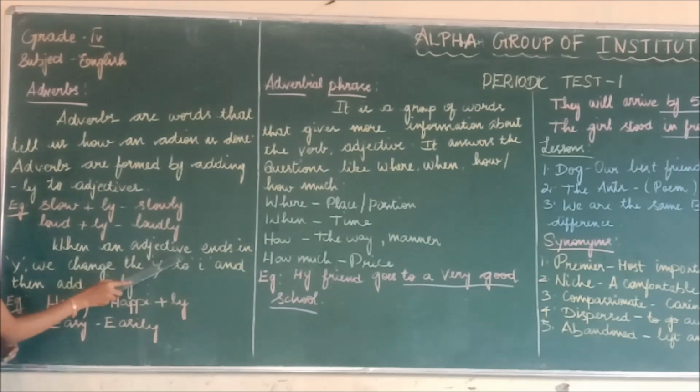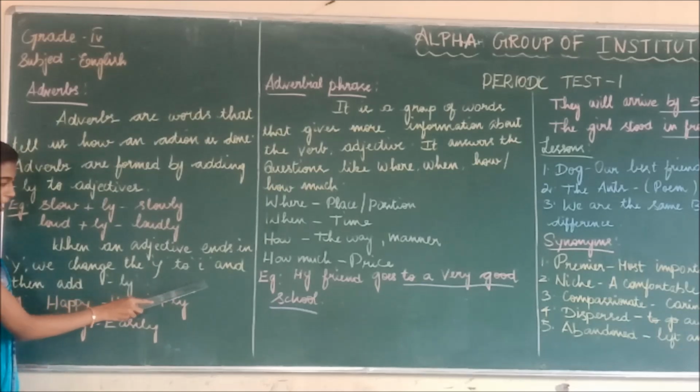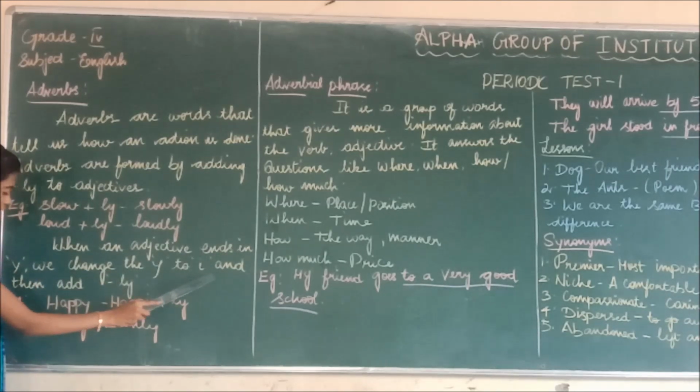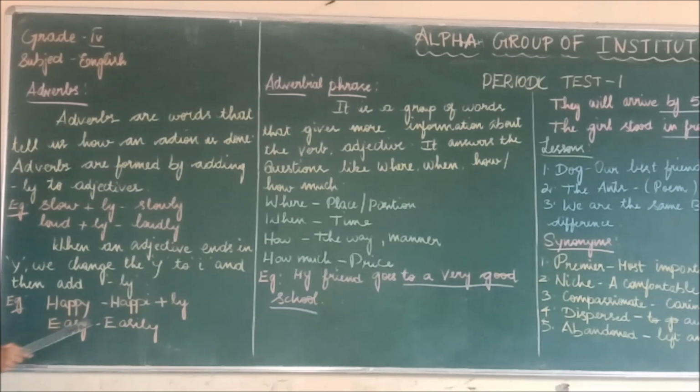When an adjective ends in y, we change the y to i and then add ly. See here, happy. It is an adjective. It ends in y. So if an adjective ends in y, what we have to do?